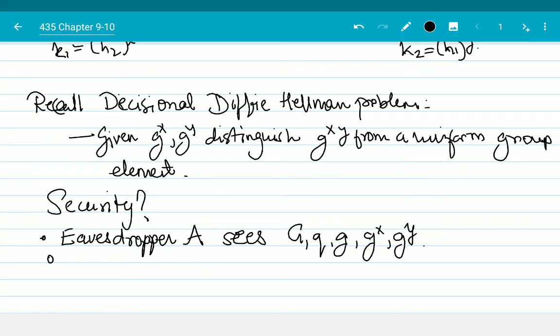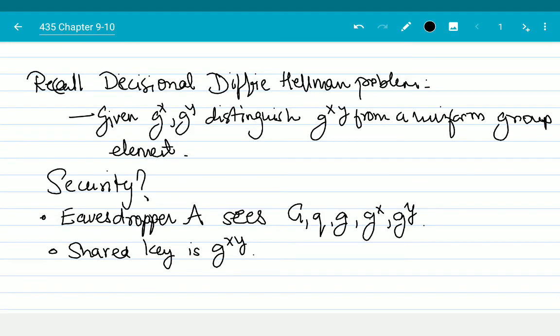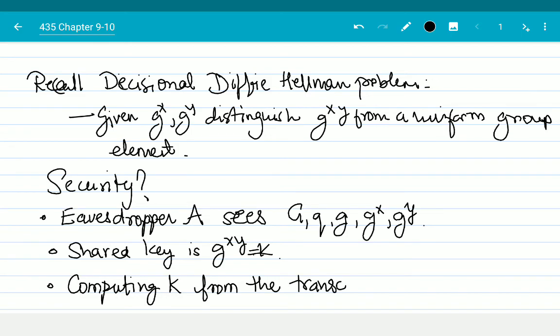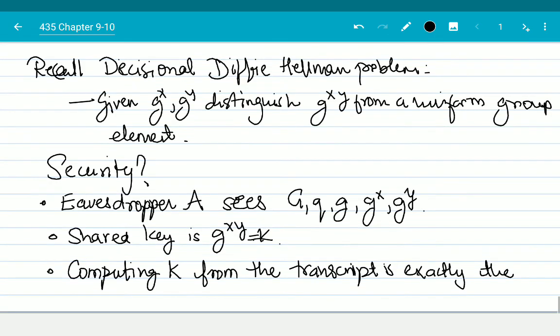Now the shared key is g to the xy. For the adversary, computing K from the transcript is exactly the computational Diffie-Hellman problem.